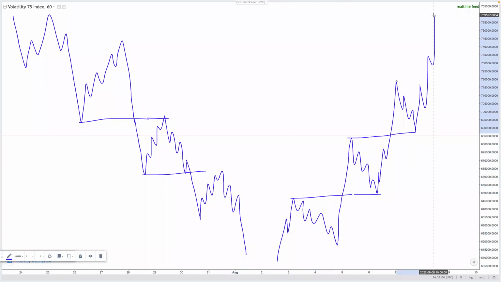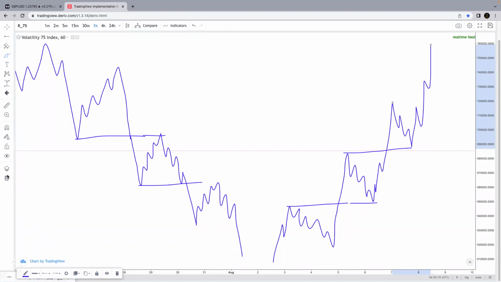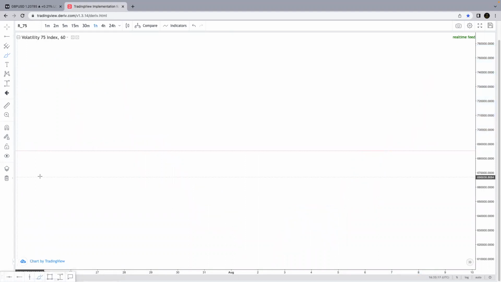It's a common structure, but very powerful. When we get to, I think, the next lesson, I'll show you how to use it on higher time frames. It's a bit different when you're using this structure on higher time frames and when you're using it on lower time frames. Okay.